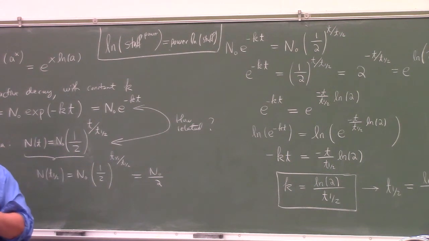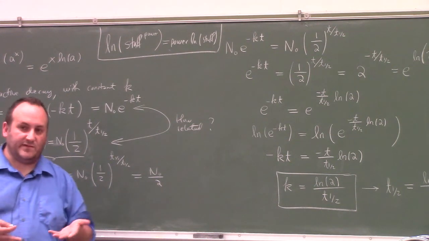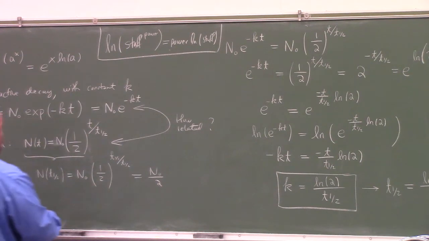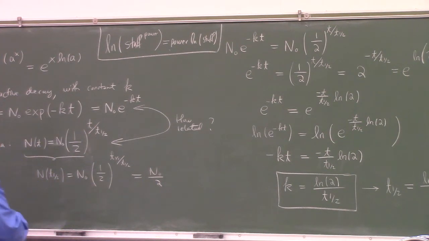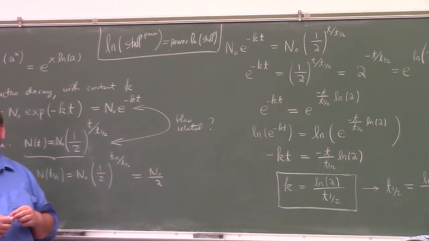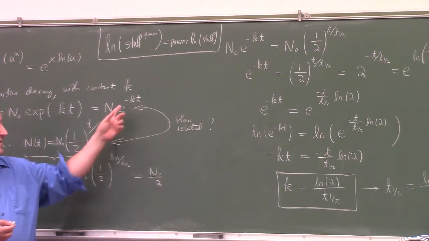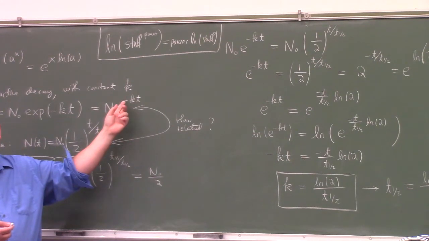Now, the same math works for population growth. What's the difference with population growth? What's the formula look like? The big difference is that it's not a decay rate, it's a growth rate, right? So you just get rid of the minus if you want to keep k positive.